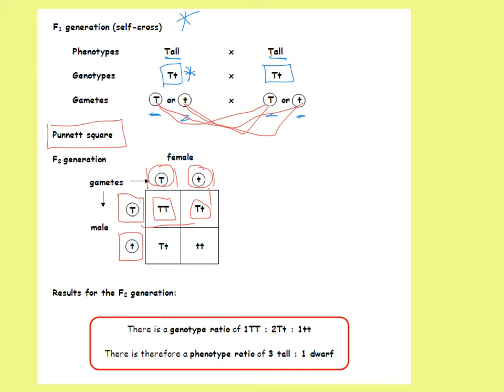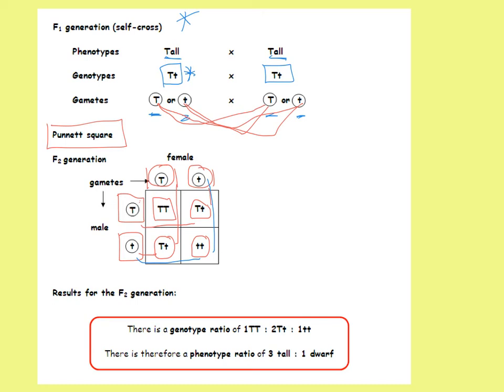Or looking here, if we move along the Punnett square, we've got a large T up here, if we take it down to there, and a small t down here, and we put them together and we get a large T, small t. And it's good convention to put the capital letter first. Or if we take this gamete here, it might meet up with this gamete here, and we end up with an individual who's got a small t, small t.